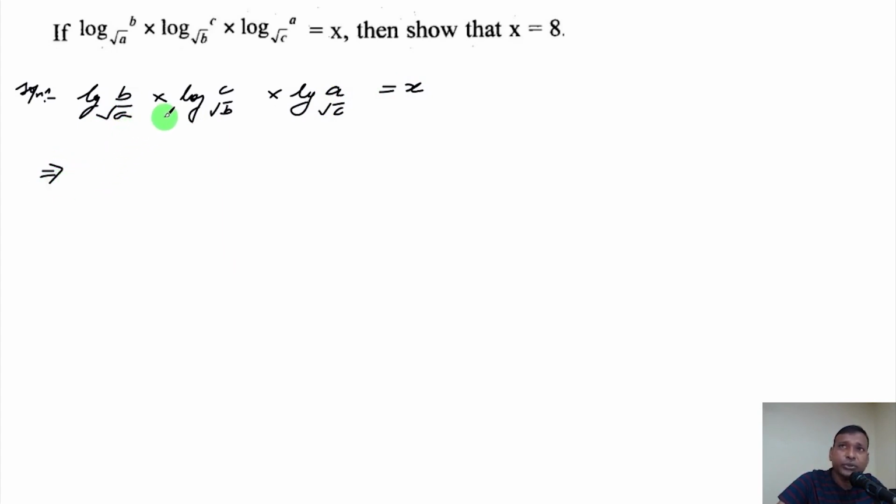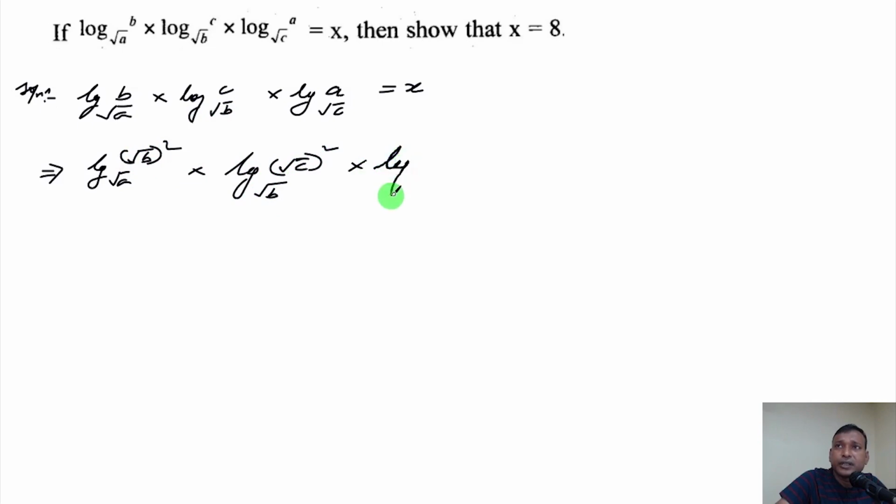So here what to do? This b can be written as root b square. This c can be written as root c square, and this is root b. And this a can be written as root a square and root c equal to x.